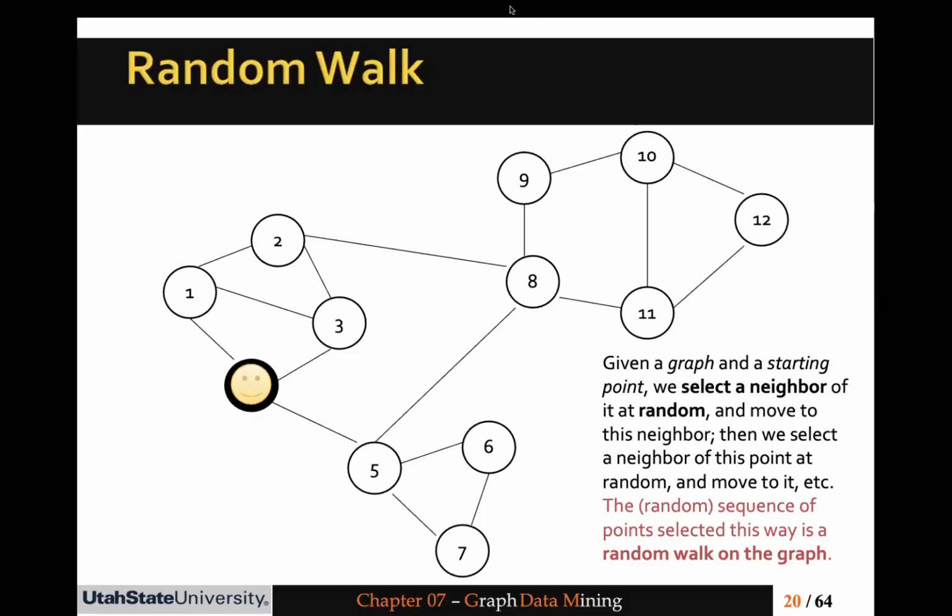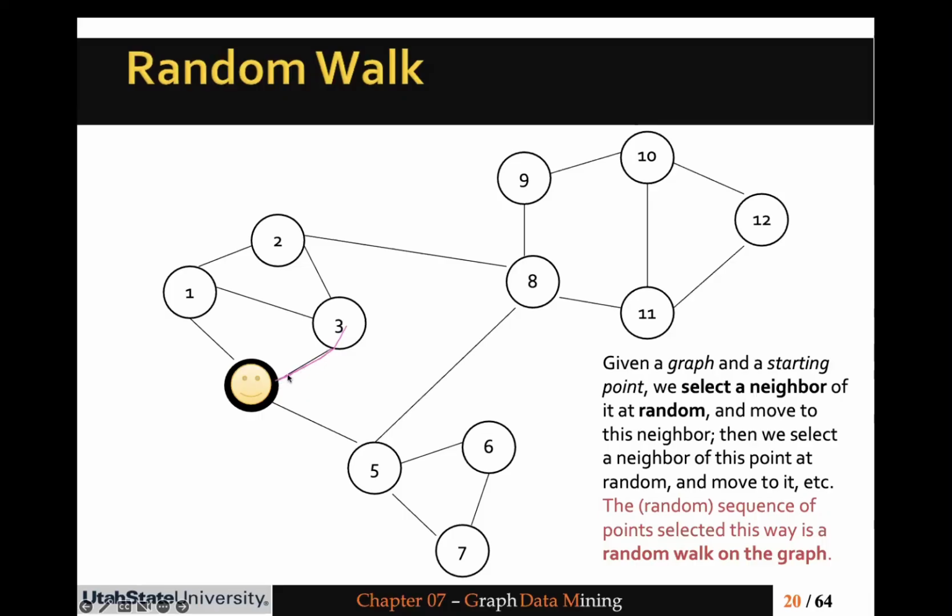Let's say my random walk parameter tells me that I would like to perform 5 random walks of size 3. So I can start from node 4 here, and I can go to node 3 randomly. I could even have chosen 1, 3, or 5 because those are the neighbors of node 4.